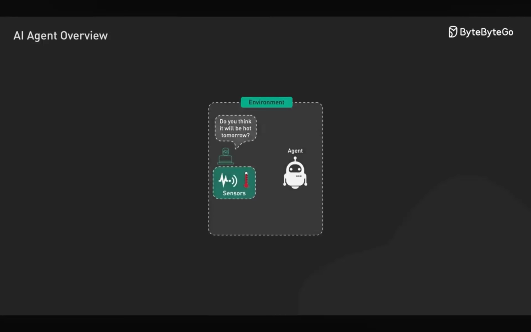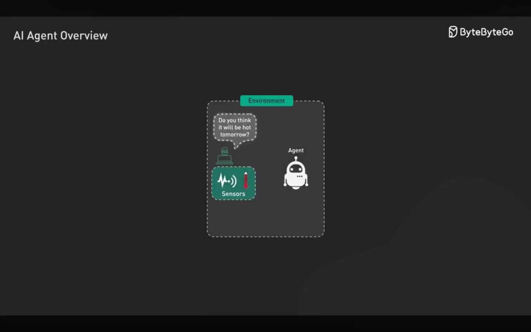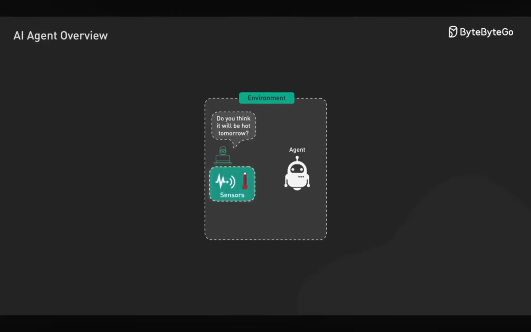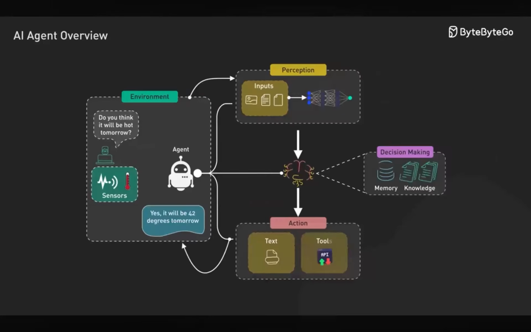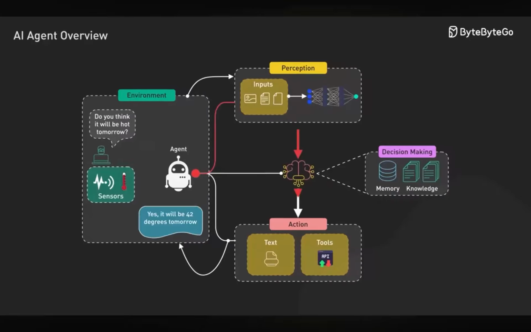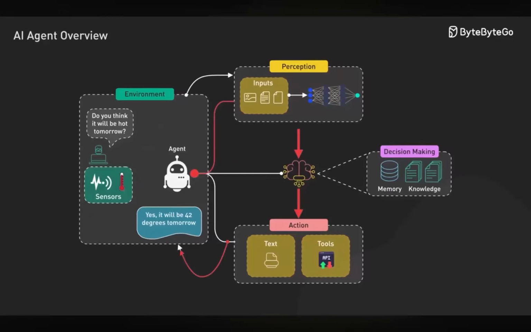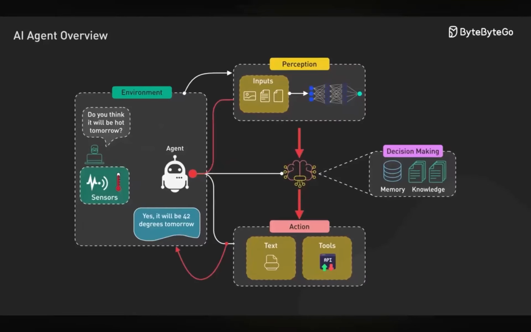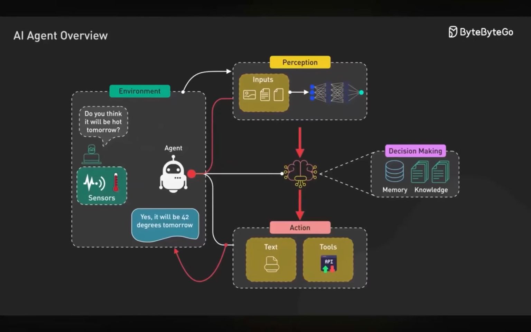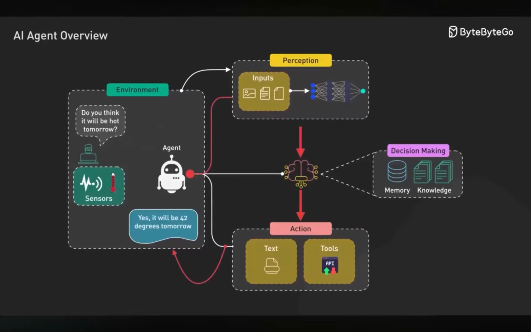While conventional programs follow predetermined execution paths, agents actively monitor their environment through inputs and sensors, process information through reasoning engines, make decisions based on goals and available actions, take actions that modify their environment, and learn from feedback to improve performance.